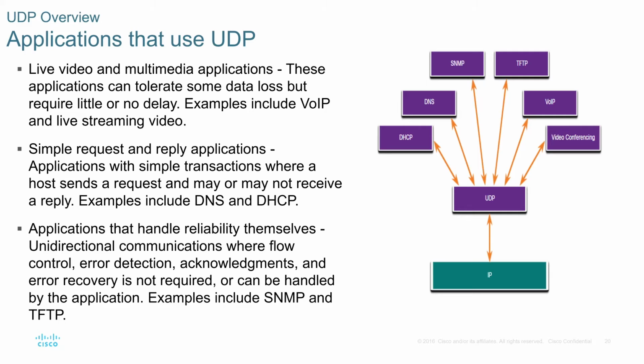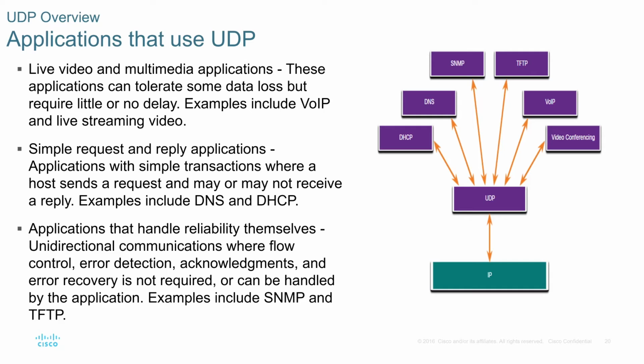Simple request and reply applications, such as DNS, DHCP, are applications with simple transactions where a host sends a request and may or may not receive a reply. Applications that can handle reliability themselves.